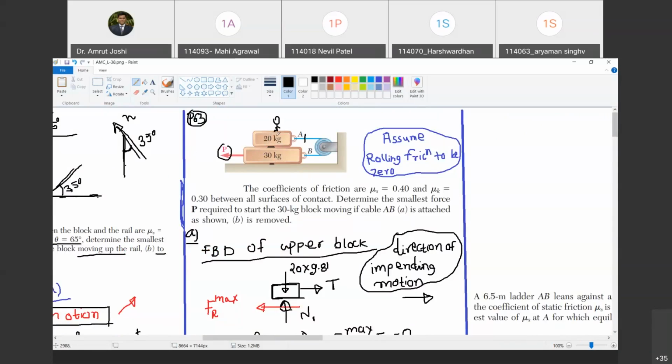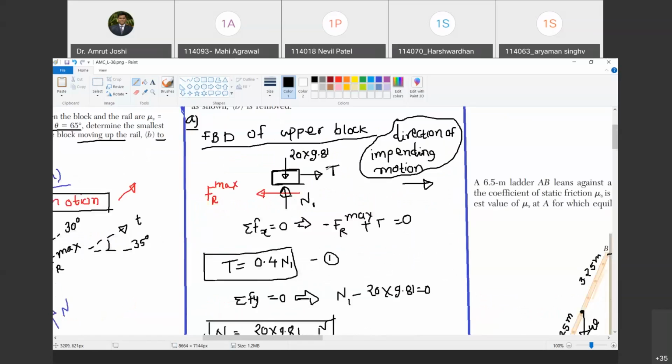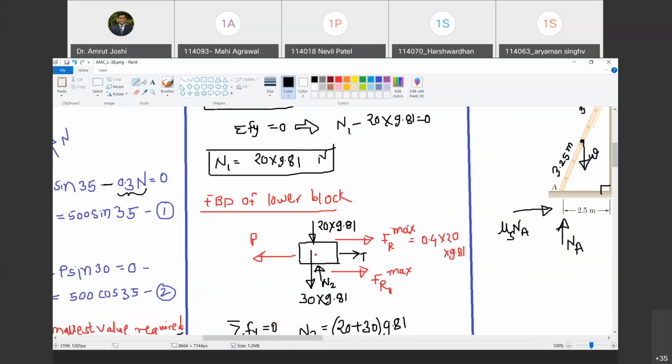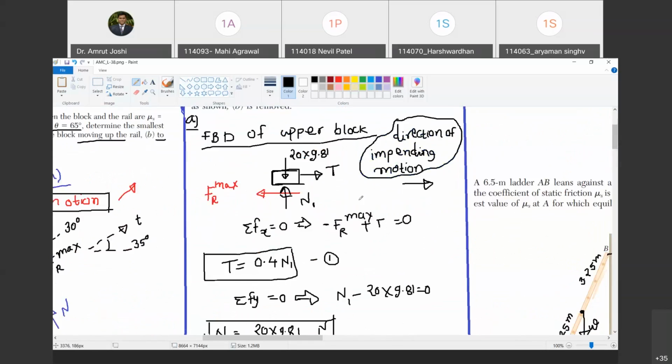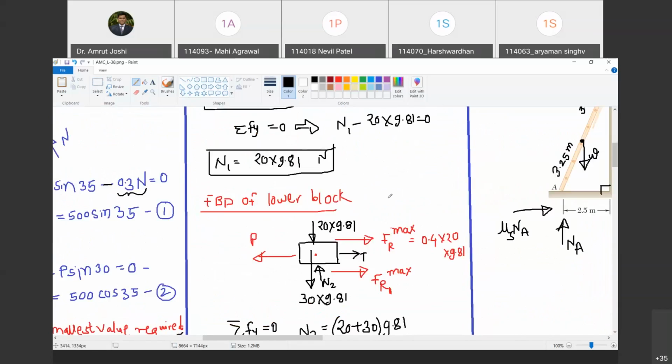And therefore, this 20 kg block must apply a frictional force towards right. Do you agree with me? Yes, sir. So this is FR max that is applied by 20 kg block when the motion is impending. Now, what is the direction of impending motion for lower block? Lower block direction of impending motion is towards left. Are you with me? Yes, sir.